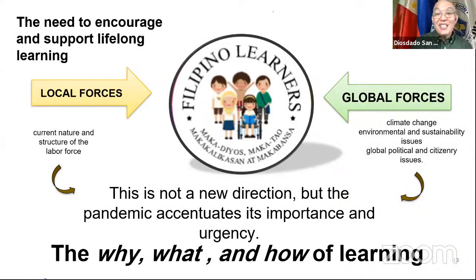Anyway, we also have to understand that when we talk about the realities in our own workplaces, the need to encourage and support lifelong learning is affected by local forces, the current nature and structure of the labor force in the Philippines, and the global forces. I already suggested climate change and other issues relative to environment and sustainability and global political and citizenry issues.